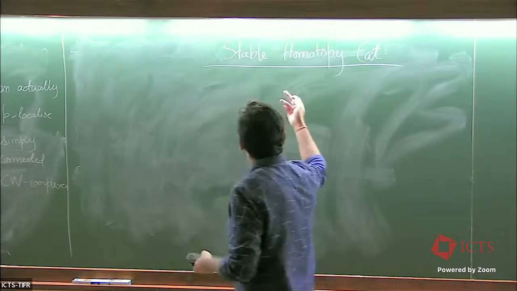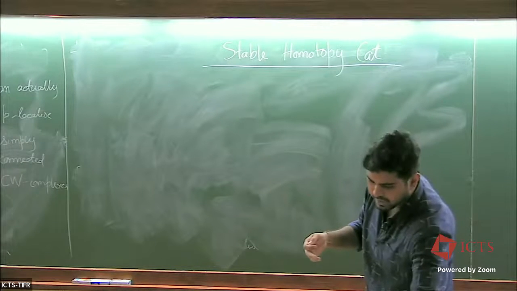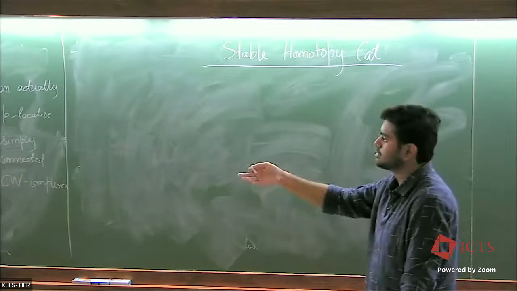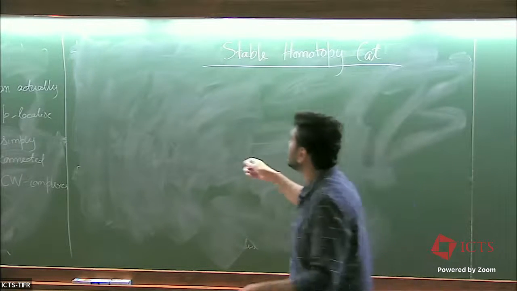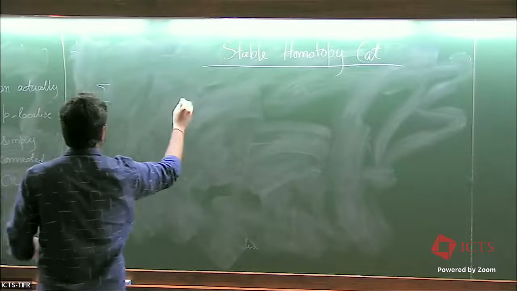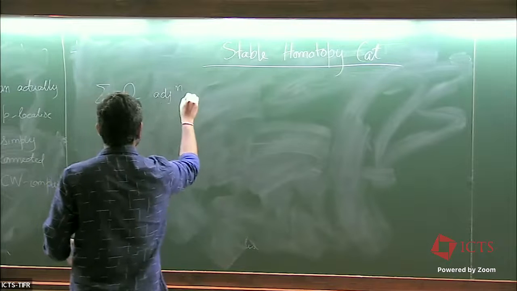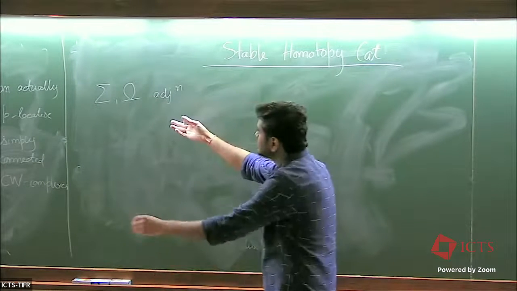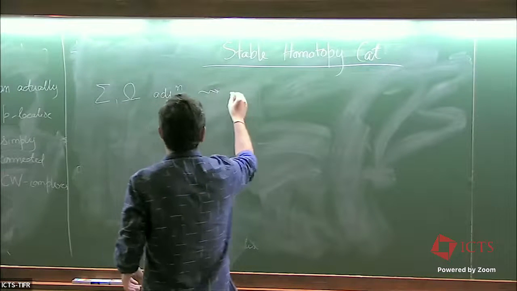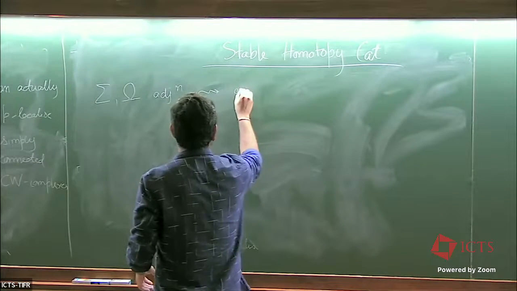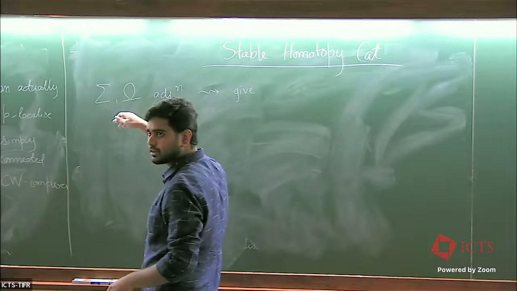One wanted to get a category which includes the topological spaces and maybe a bit more, where the suspension and loop space adjunction in Top gives an adjoint equivalence. In particular, these two are equivalences of categories.